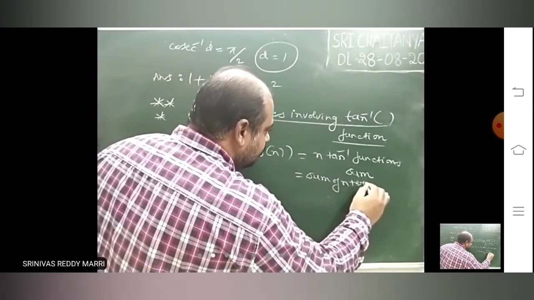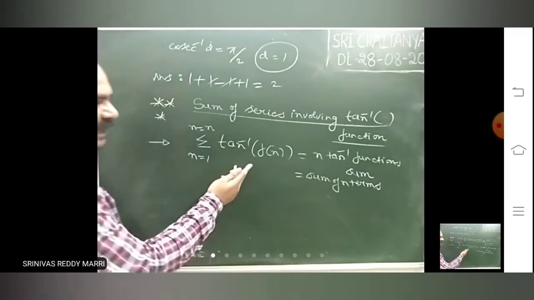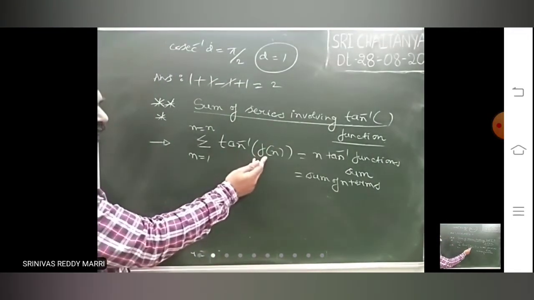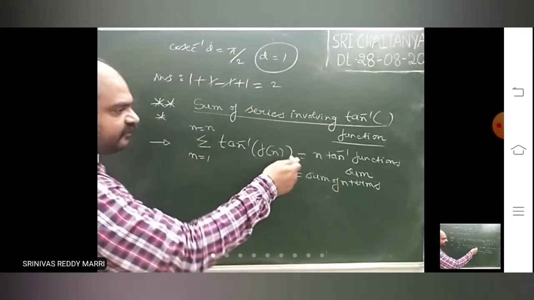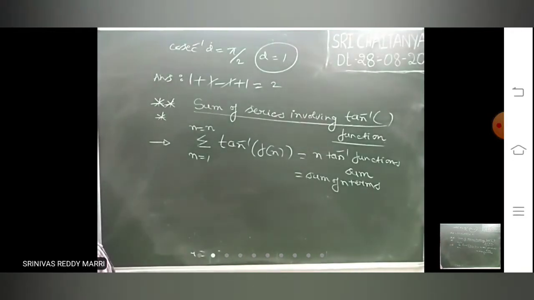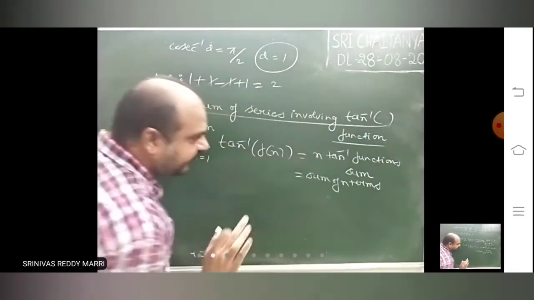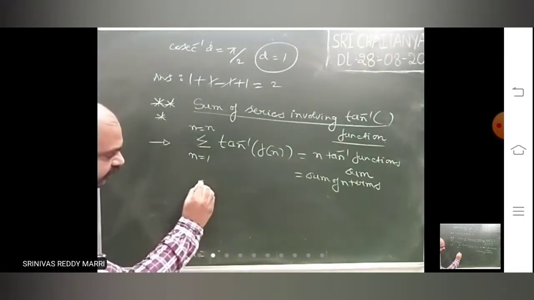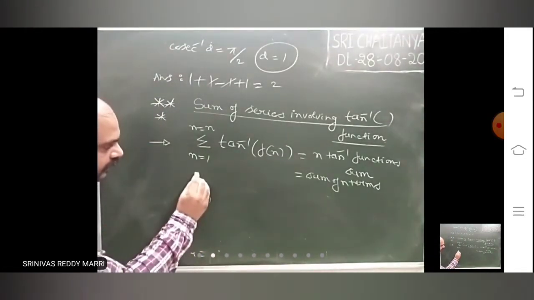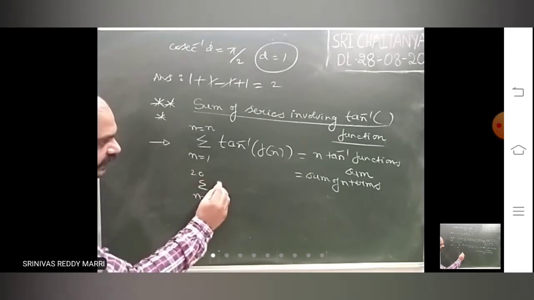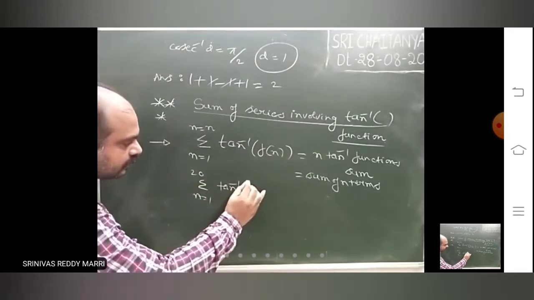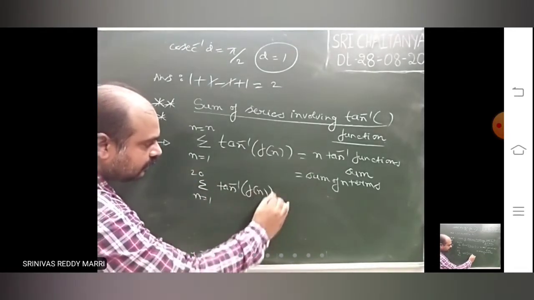Sum of n terms. How many terms will be there? Tan inverse f of 1 plus tan inverse f of 2 and so on, tan inverse f of n. N terms will be there. This is called sum of n terms. Suppose he gives n equal to 1 to 20.